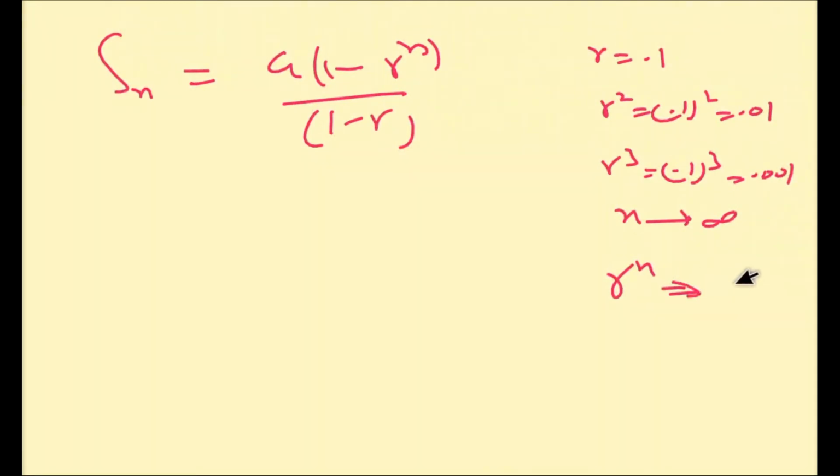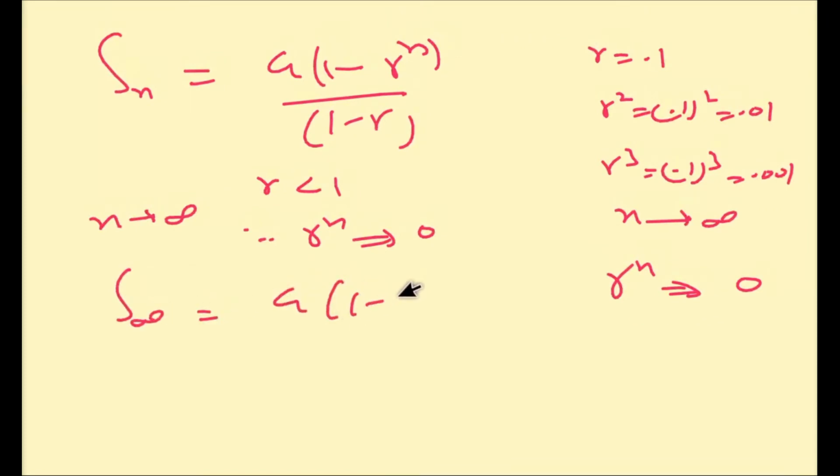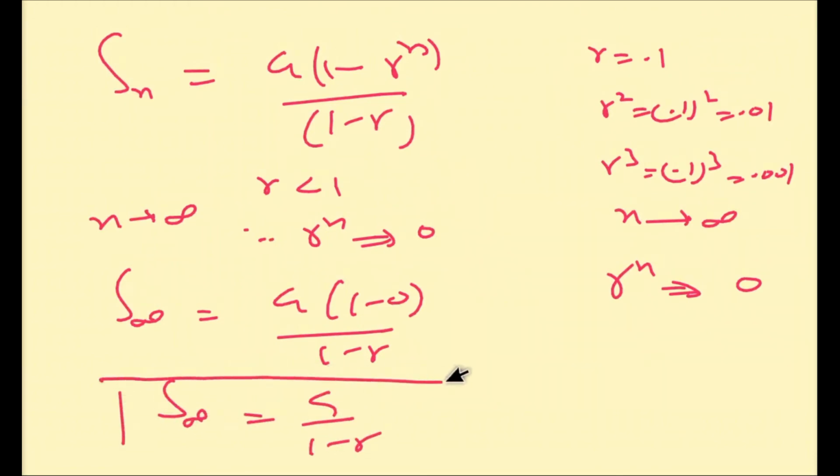It tends towards 0: 0.001, 0.0000 and so on. So if r is less than 1, r^n tends towards 0 as n tends towards infinity. So S infinite is a(1 minus 0) upon (1 minus r), so we write the formula a upon (1 minus r). This is the same formula I explained on the previous board.